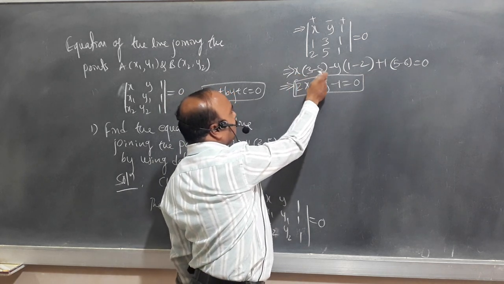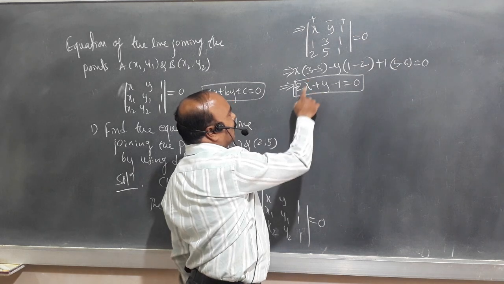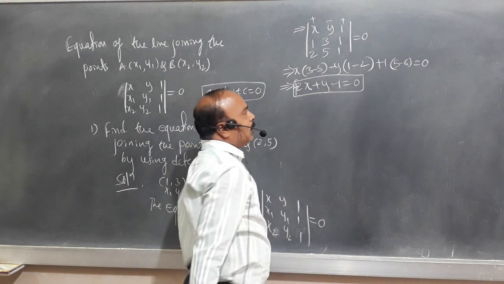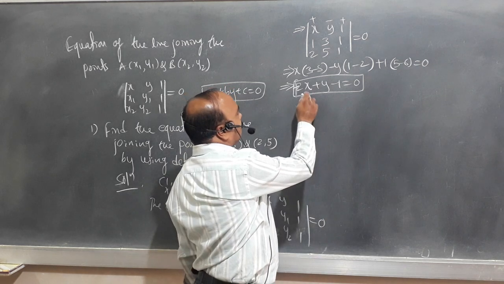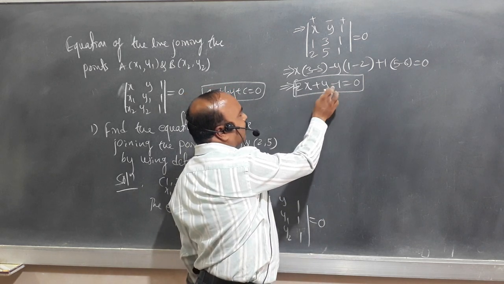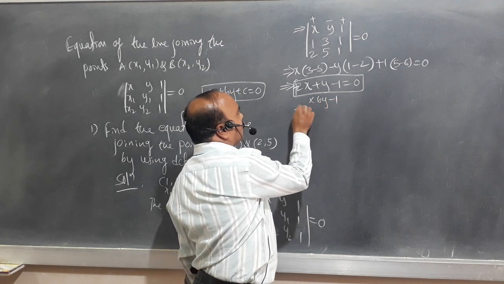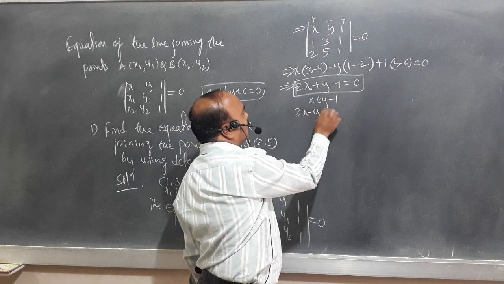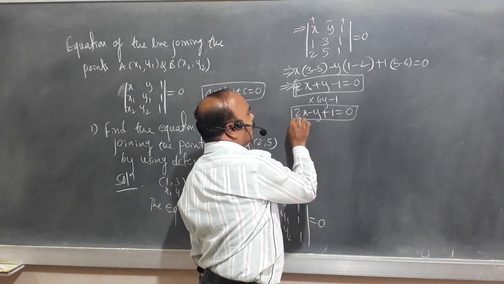Here x into 3 minus 5 is minus 2, so minus 2x plus y minus 1 equal to 0. Now this can also be written, multiplying by minus 1, as 2x minus y plus 1 equal to 0. It can be written like this also.